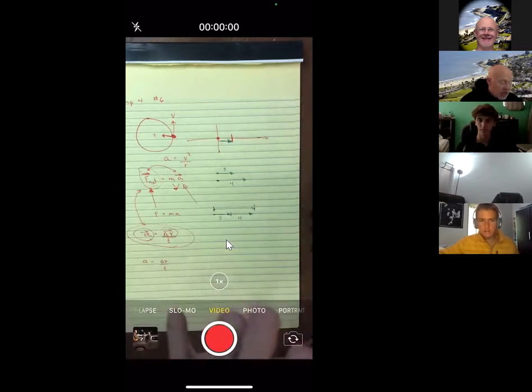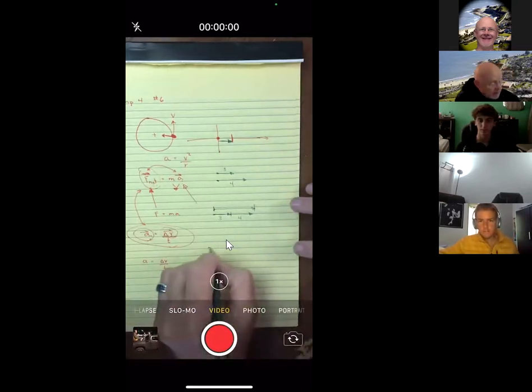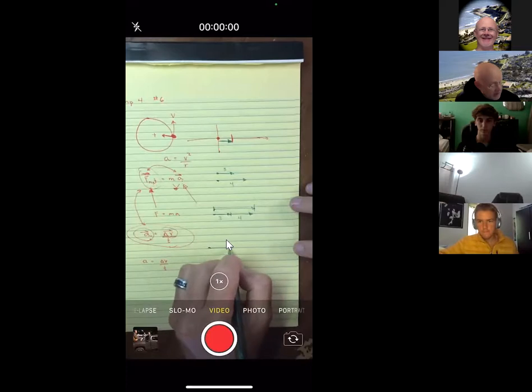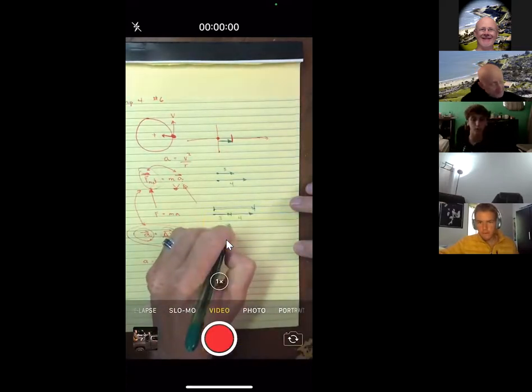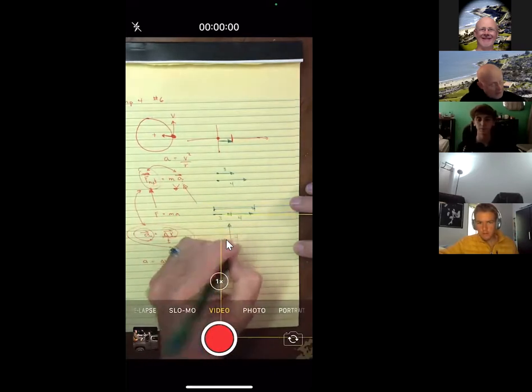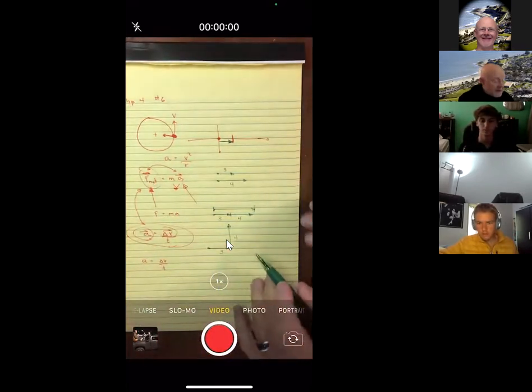Okay, so if I were to change the angle a little bit, and so maybe I were to say, okay, here is the 3, and maybe the 4 was off at a 90-degree angle.